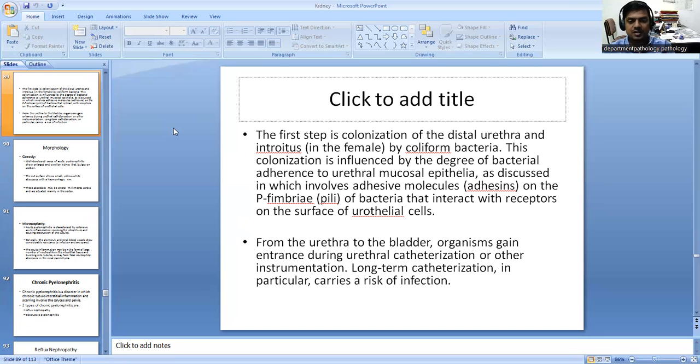From the urethra to the bladder, organisms gain entrance during urethral catheterization or other instrumentation. Long-term catheterization, in particular, carries a high risk of infection.